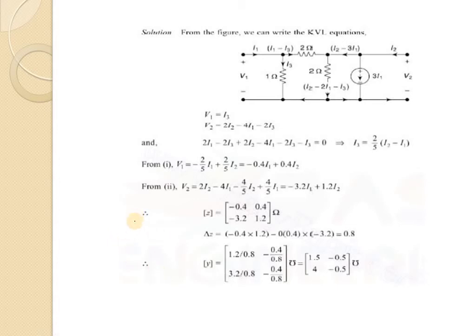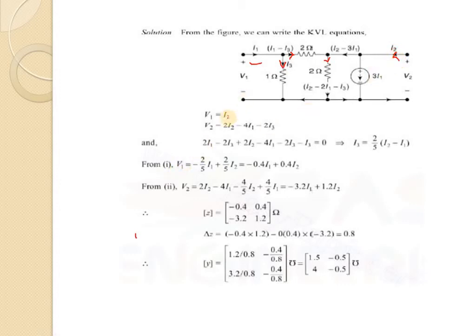We can see that here I1 current is flowing and this current is divided into two branches, I3 and here I1 minus I3. Next this current comes here and again is divided into I2 minus 2I1 minus I3, because the current here is 3I1. So it is I2 minus 3I1 here, and I2 current is coming from this part.